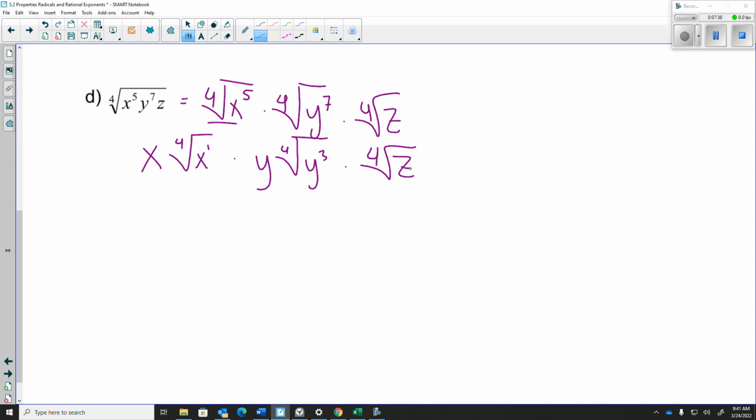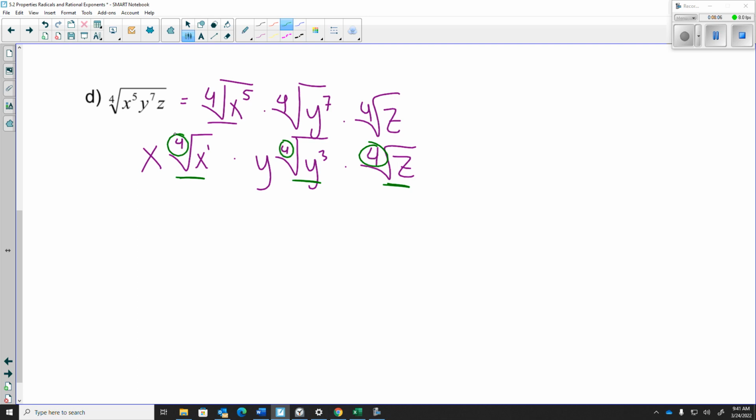Not quite. I think there's one more thing that you can do. Well, you can put everything back together. Yeah, here's what you can do. This has a fourth root. This has a fourth root. This has a fourth root, right? Those are all the fourth root. So I can clean it up a little bit by taking all those fourth roots and putting them back together so that it looks just a little bit less ugly.